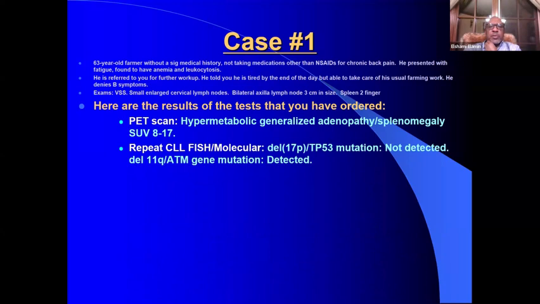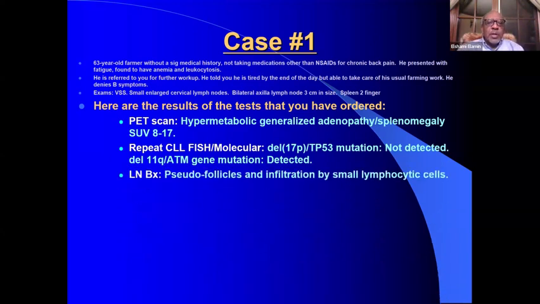You repeated the FISH, and the patient has the same thing: no 17p or 11q gene mutation detected, so nothing changed. And you did a lymph node biopsy, which showed pseudofollicles and infiltration by small lymphocytes. So there is no Richter transformation. It is still SLL, so no change.